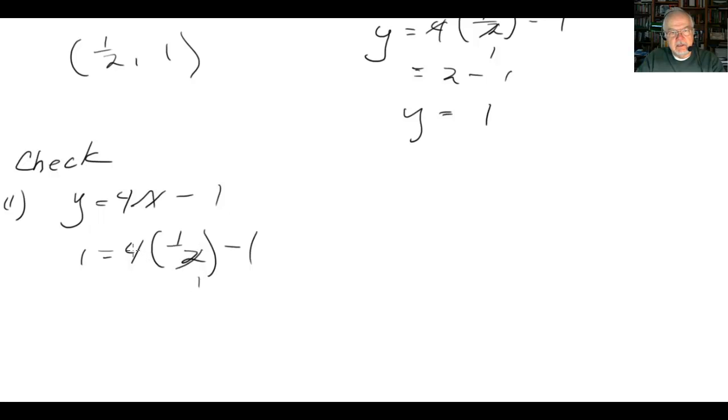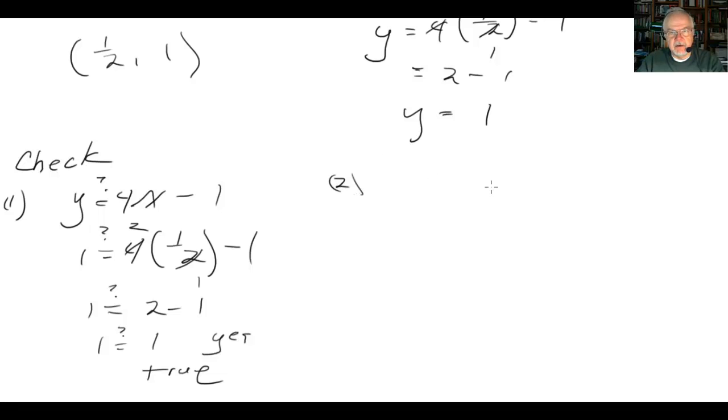Now 2 goes into 2 once, 2 goes into 4 twice. Of course the question is, does this equal? We don't know, but it's becoming apparent. This is going to be 2 times 1, which is 2 minus 1. Does 1 equal 1? Yeah, of course it does. Yes. Or true is actually what we're looking for. So the first equation is true.